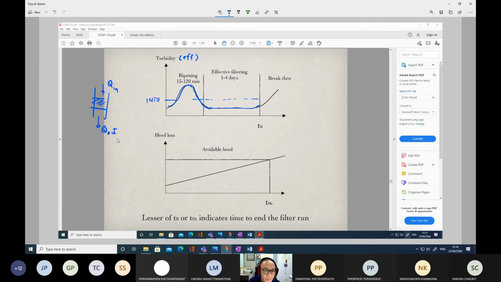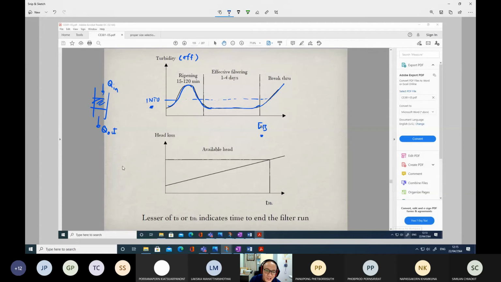So in that case, if you measure in the effluent, the turbidity will increase. But how much time does it take to get beyond this allowable level? These times we normally call the breakthrough times.